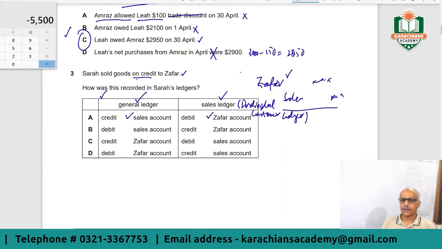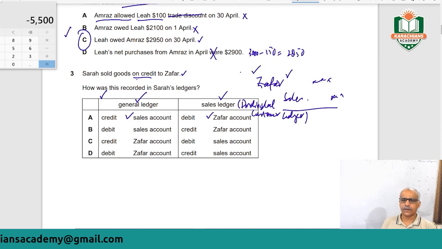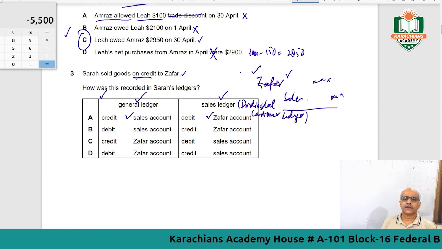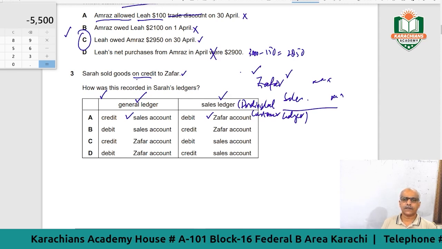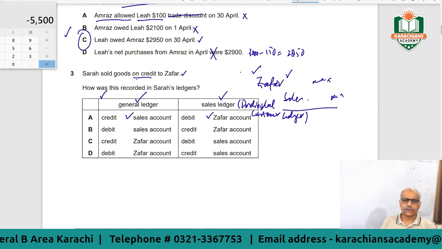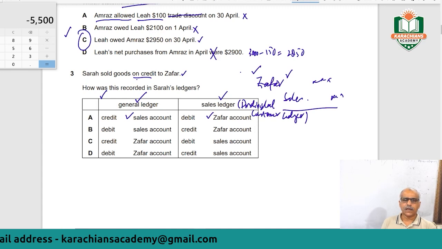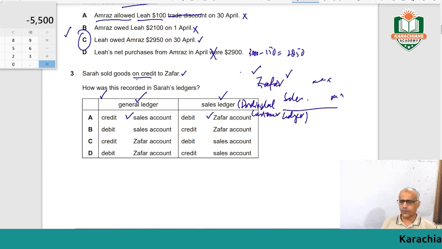Yes, this entry will be posted to the general ledger, because in the general ledger you cannot pass individual entries, you have to pass total entries. So this option A seems fine.